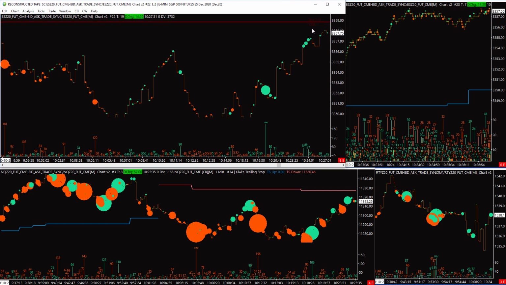And you can see, this is just how stops typically look on the tape. You'll get bubbles that go from a larger size to smaller size and smaller size. And they usually come in a little group. So this, to me, is what I would think of as stops getting hit.